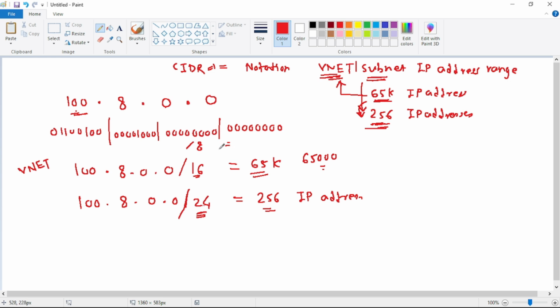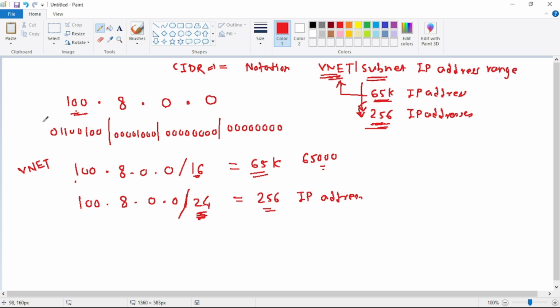Okay, but then how exactly does this 16 come to 65k and this 24 come to 256? For that, this 24 or this 16 means that starting from this IP address bits, ignore that many number of bits. So for example, if it says 24, then for this 100.8.0, this is the bit representation of the IP address, and we need to ignore the first 24 bits.